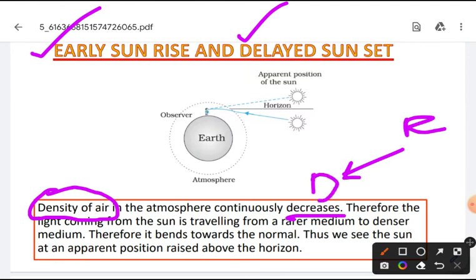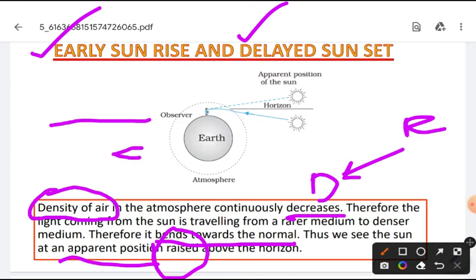Therefore, it bends towards the normal. Thus, we see the sun at an apparent position raised above the horizon. For example, this is a pond and here is a fish. This is rarer medium and this is denser medium. When a man is looking, the fish seems to be a little bit elevated.